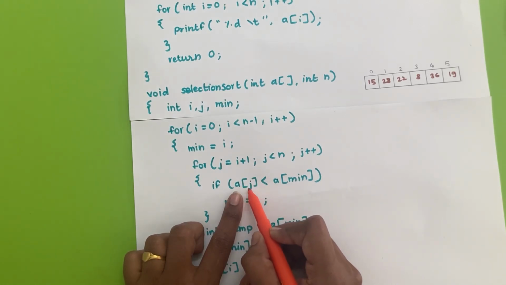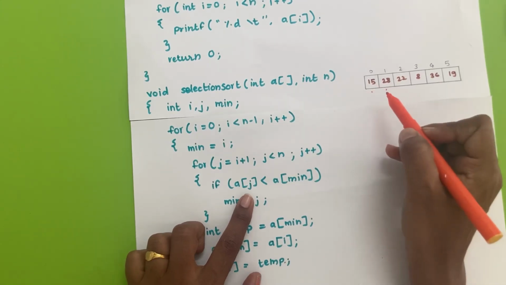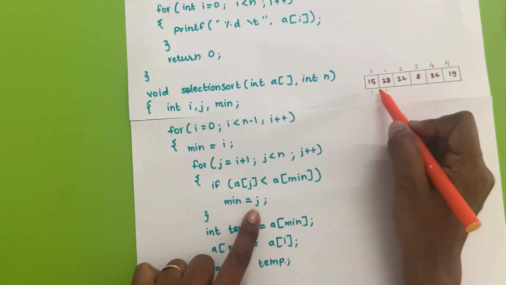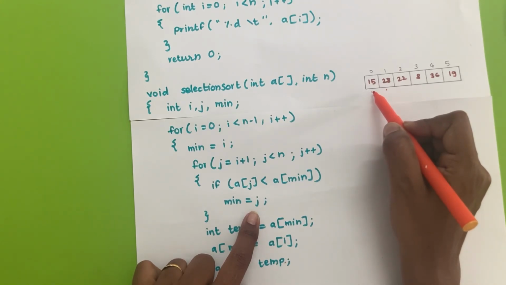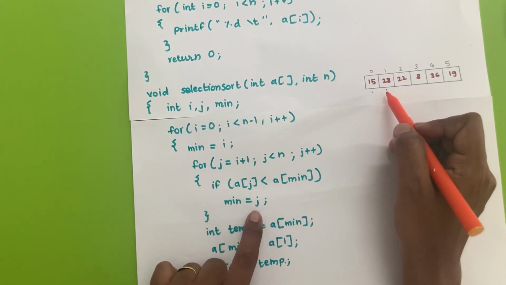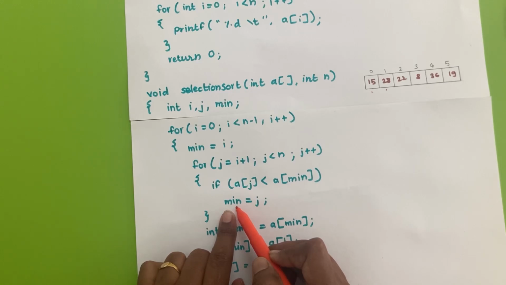So a of j will get compared with this, because a of min is now a of 0. Okay, so if a of j is less than that, then the jth element will act as the minimum element. Okay, so j will get assigned to min.